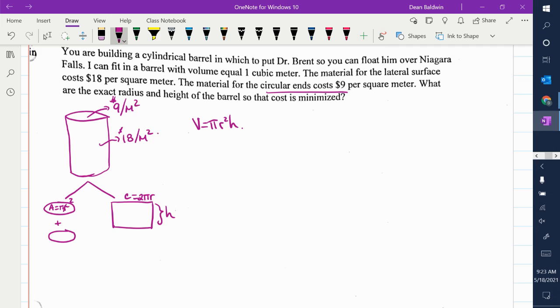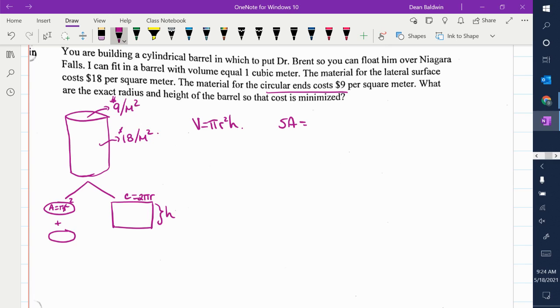Okay, so we have our volume formula. So we have to do a surface area formula. This is why I did this. I will give you the formulas, but I want to show you where they come from because I don't think I talk a lot about that in math.